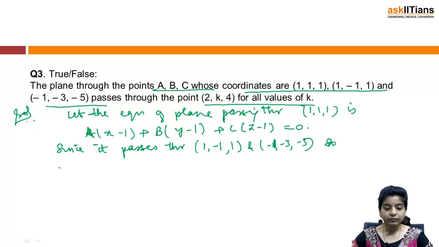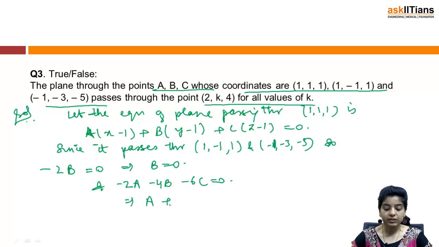Substituting (1, -1, 1): 1 - 1 becomes 0, then I have -1 - 2b, and z is also 1, so -2b = 0. This gives me b = 0. Again substituting the other coordinates in this equation you will get -2a - 4b - 6c = 0, which means a + 3c = 0.